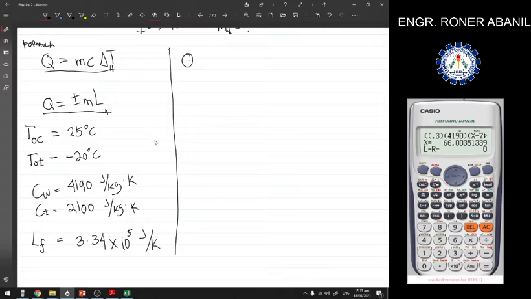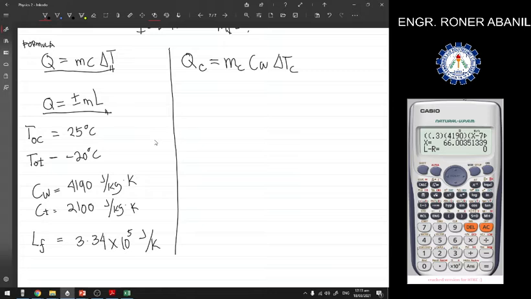So, magiging Q ng cola is mass ng cola, C ng cola, or sabihin natin ito yung C ng water kasi almost water daw to. Tapos, syempre, change of temperature ng cola.